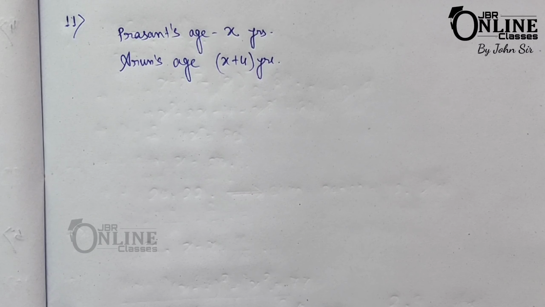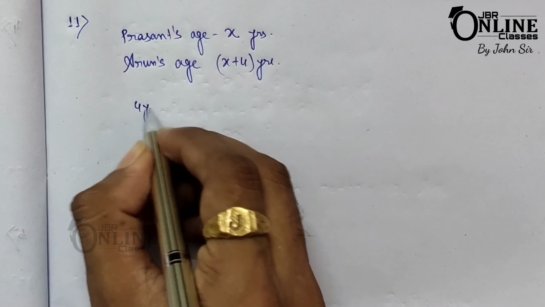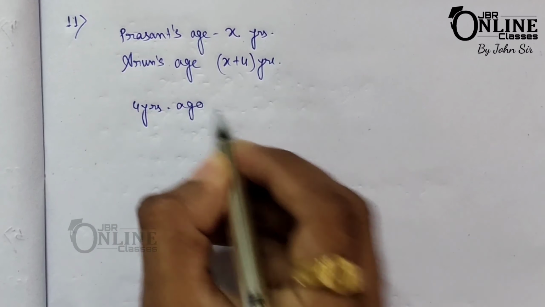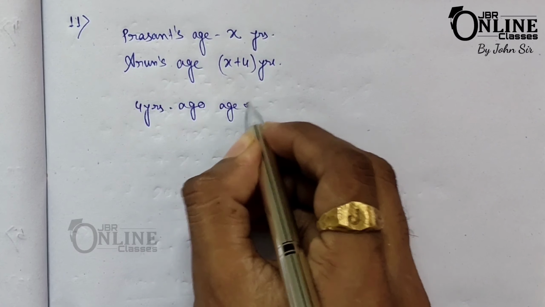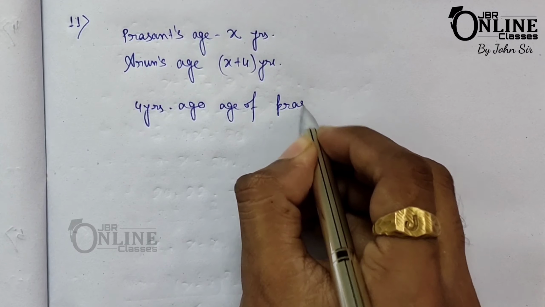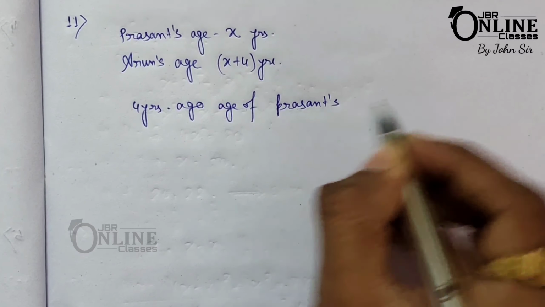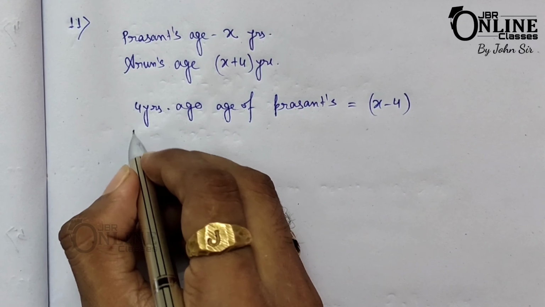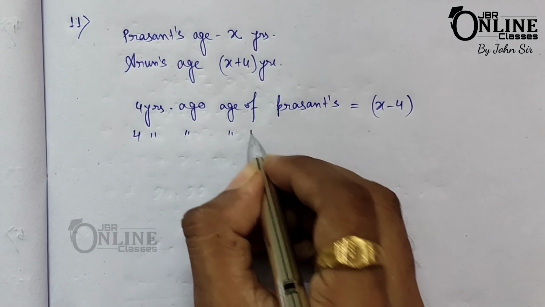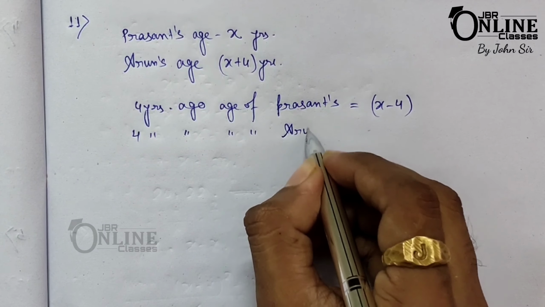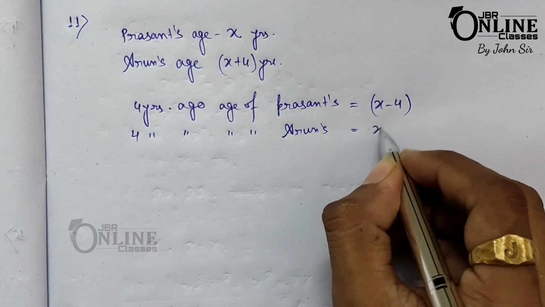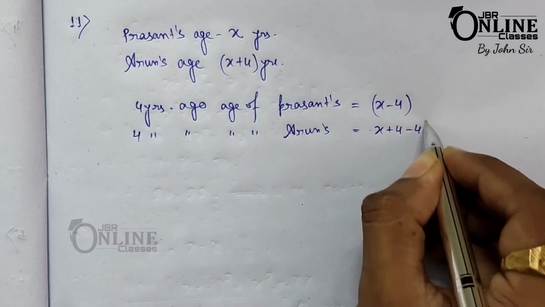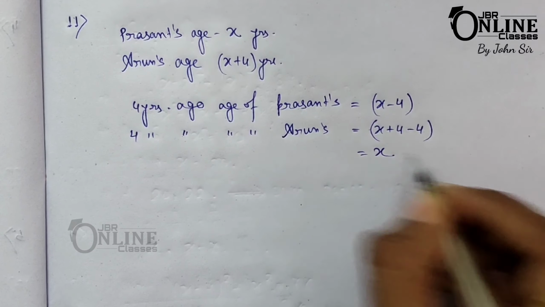Now 4 years ago, the age of Prashant equals x minus 4, and 4 years ago the age of Arun equals x plus 4 minus 4, so that equals x.